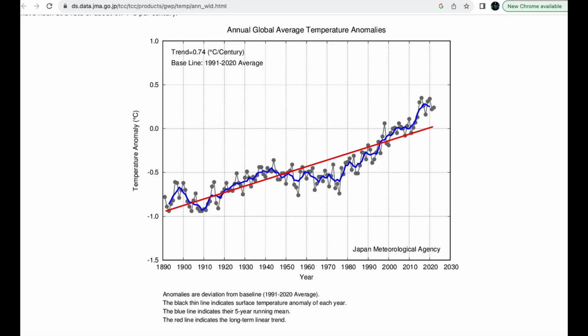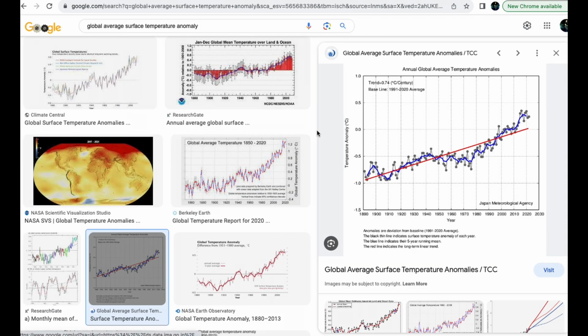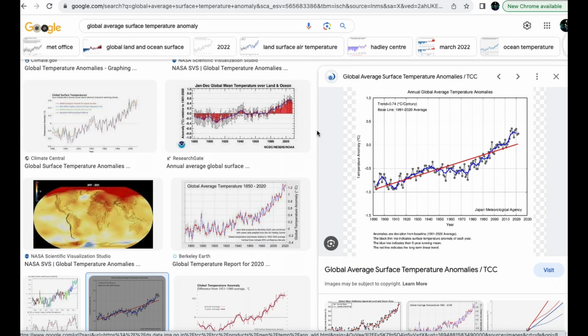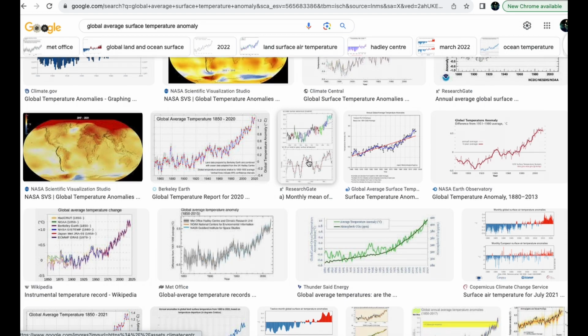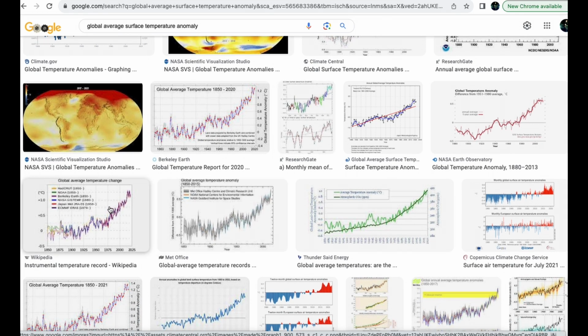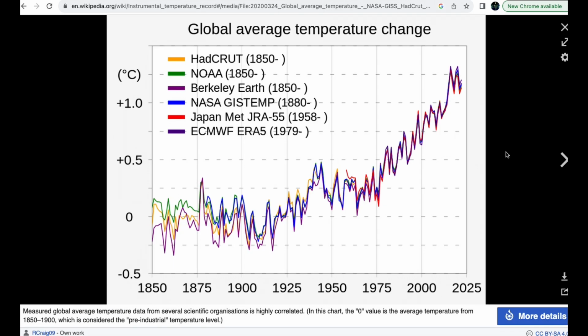But what's cool is I see that there are some new graphs here, like this one, for example. That one's got 4 different organizations, but I saw one in my last class that had 6. Yeah, this one from Wikipedia. So this has 6 different independent, I assume, organizations.